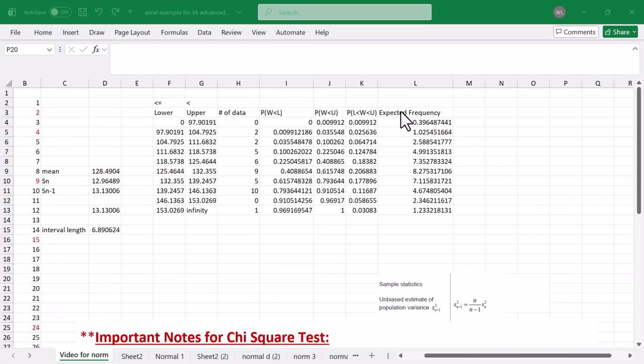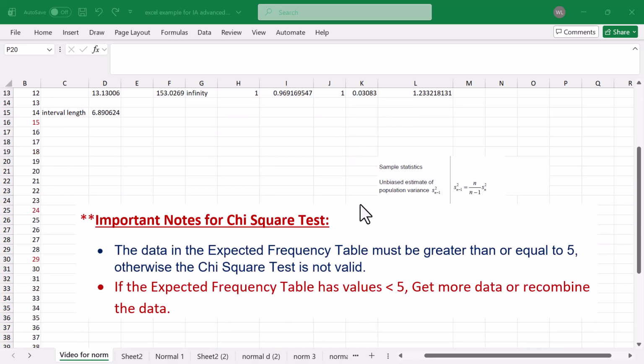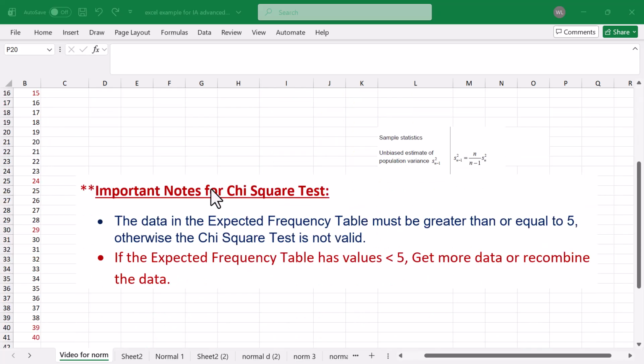After you got this expected frequency, you need to check these important rules. So far, we learned two chi-square tests: chi-square test of independence and chi-square GOF test.